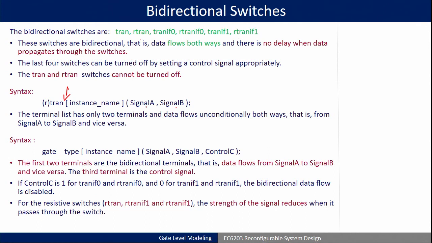So, data from signal A will go to signal B side and from signal B side will go to signal A side, bidirectionally. But when it comes to TRAN if 0 and TRAN if 1, similar to what we discussed for buf if 0 and buf if 1, it indicates that if your control is 0, then data will pass, if control is high, it will go again to high impedance. So, this is all about the bidirectional switches supported under gate level primitives.